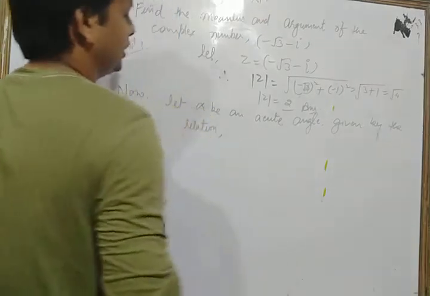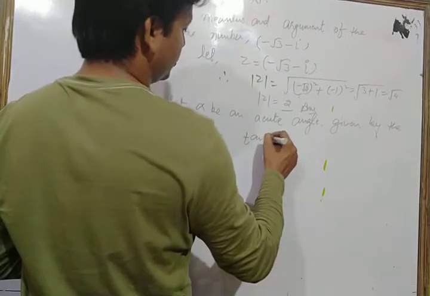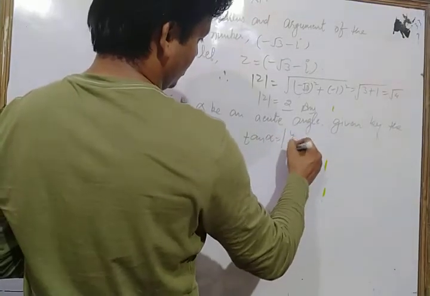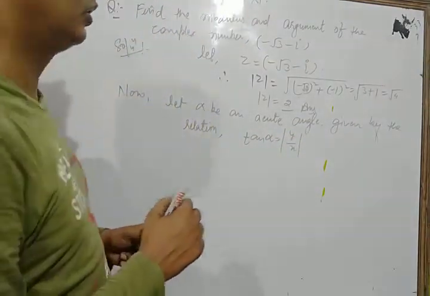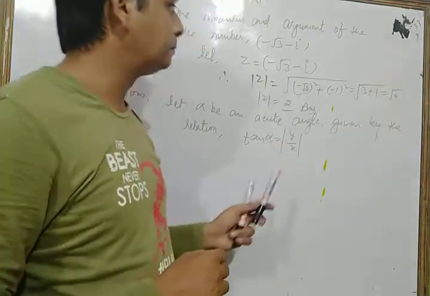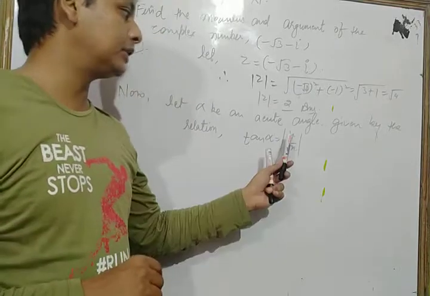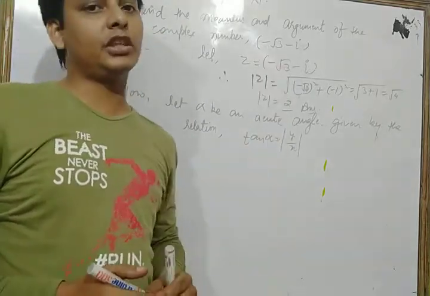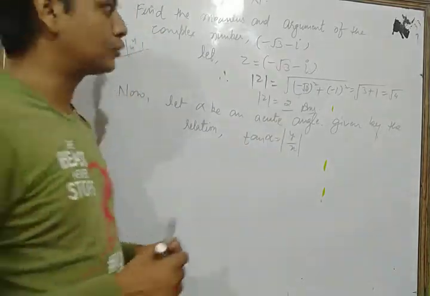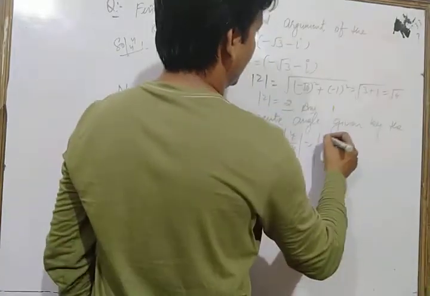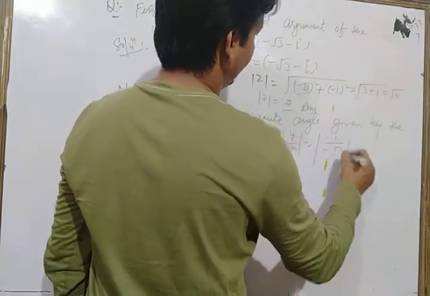Here y is the imaginary part, minus 1, and x is the real part, which is minus root 3. So we have minus 1 upon minus root 3.